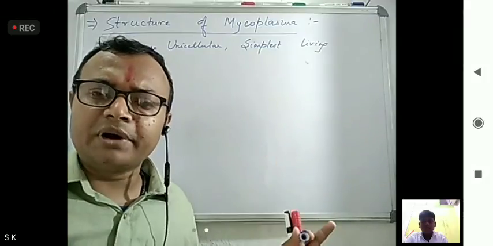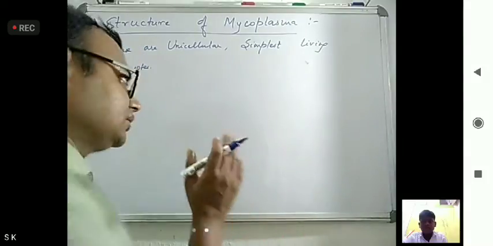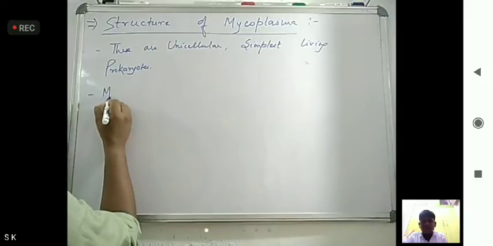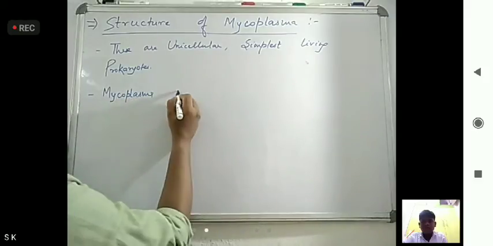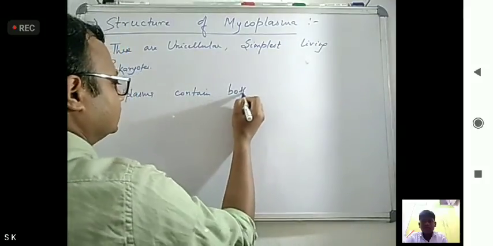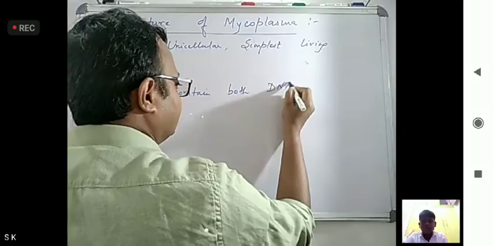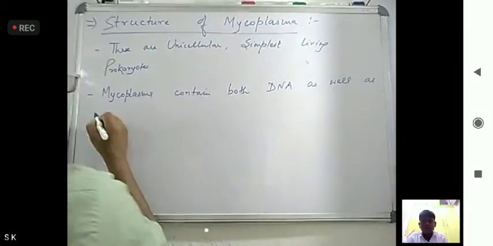Okay, now one important thing is what? This mycoplasma contain both DNA and RNA. So what I told, mycoplasma contain both DNA as well as RNA.